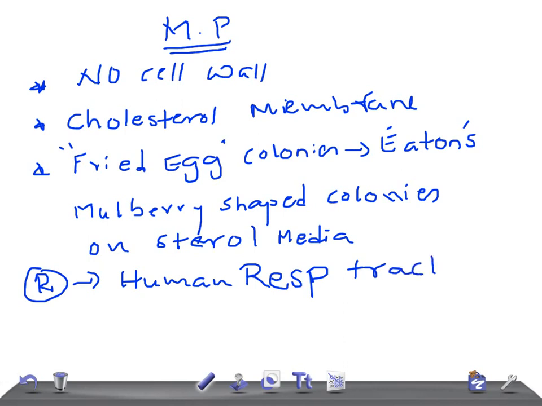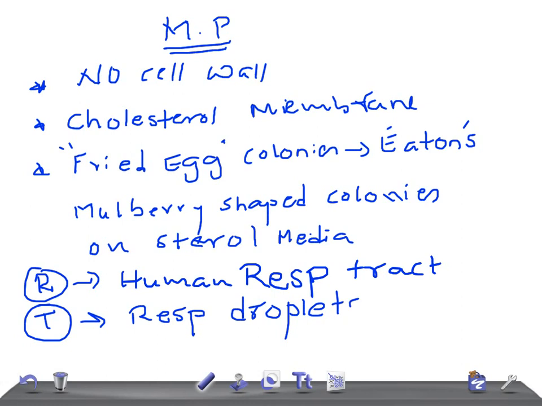What's the mode of transmission? Transmission is by respiratory droplets. If there are close contacts, then it can spread easily, like in the military, in schools, in families, and in developing countries where there is a crowded population.